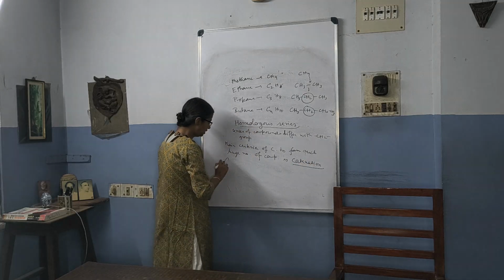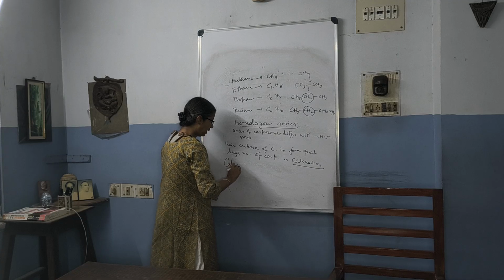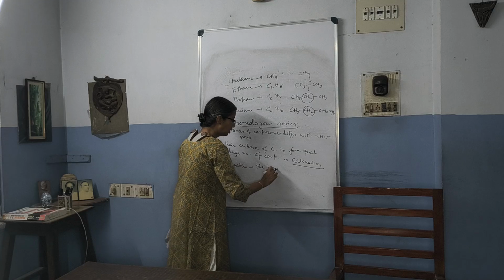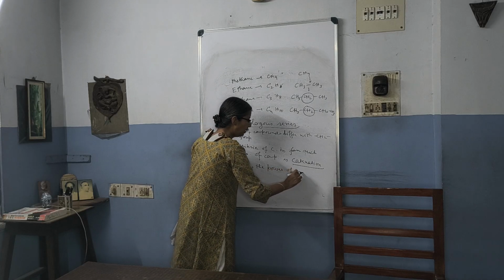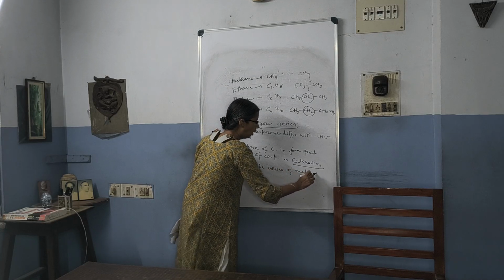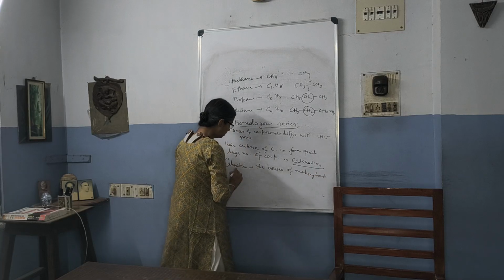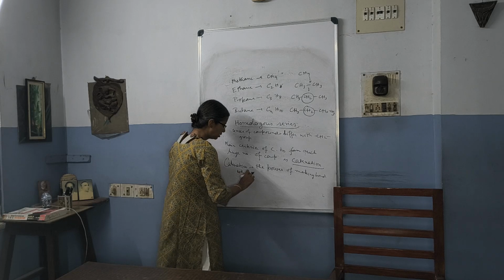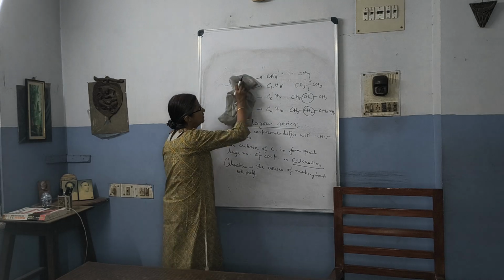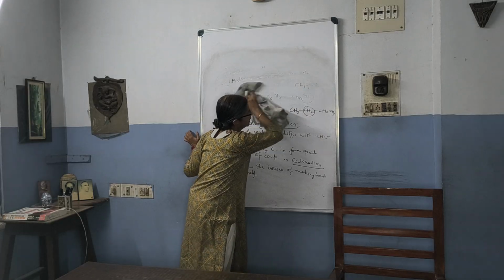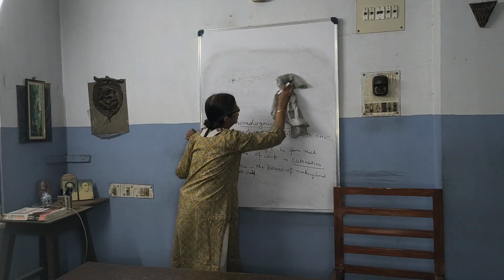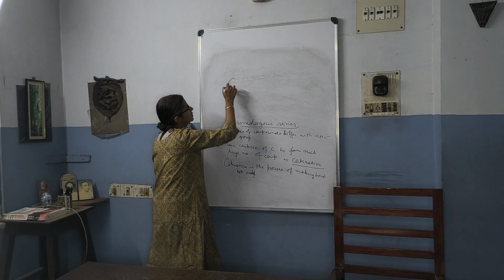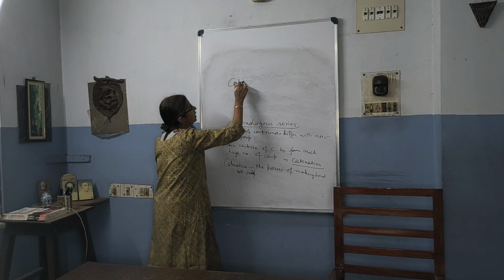What is catenation? Catenation is the power of making bonds with itself. Now once again I am explaining what is catenation. Catenation is the power of bonding with itself. Only carbon can do this.